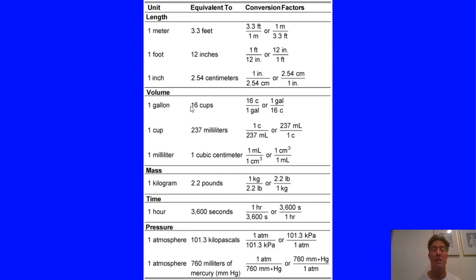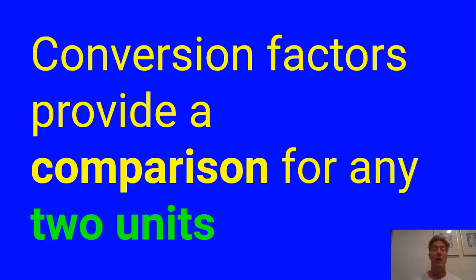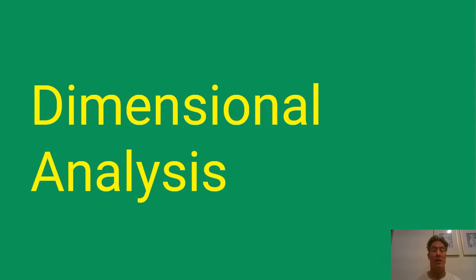Anytime you have equivalencies, you can create inverted fractions, two different conversion factors. Remember, conversion factors provide a comparison for any 2 units. Now this takes us to dimensional analysis, which is just a super fancy word for keeping track of your units.